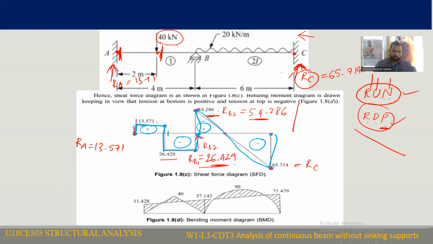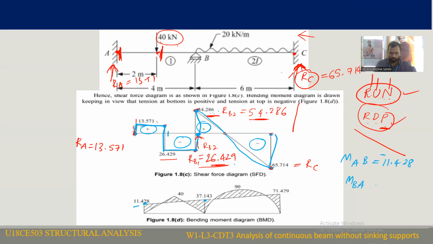For the bending moment, first you have to represent MAB. MAB is equal to 11.428, this is a negative sign, anti-clockwise.